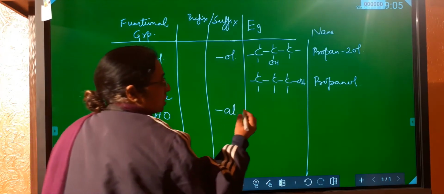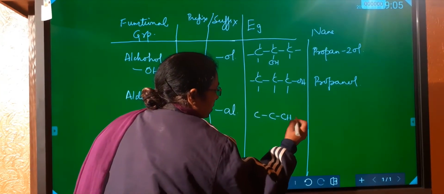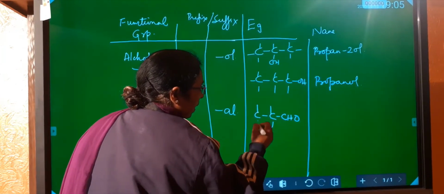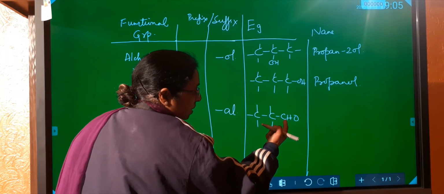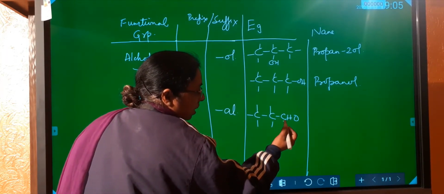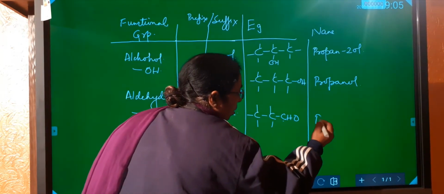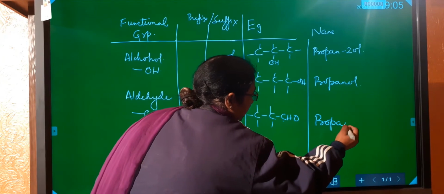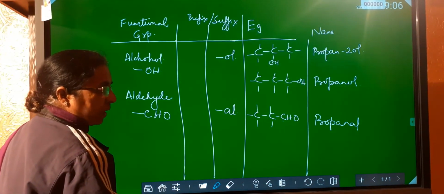All right, so supposing if I write CHO over here, and this is counted as the first carbon, 1 2 3, so the name will become what? Propanal. It is a 3 carbon chain, so this will become propanal.